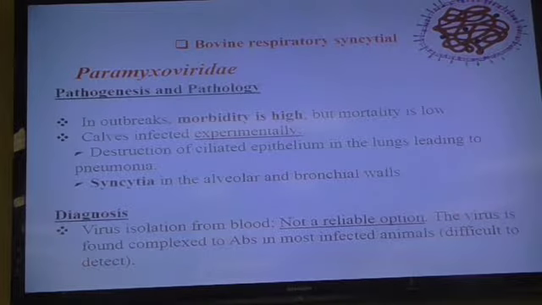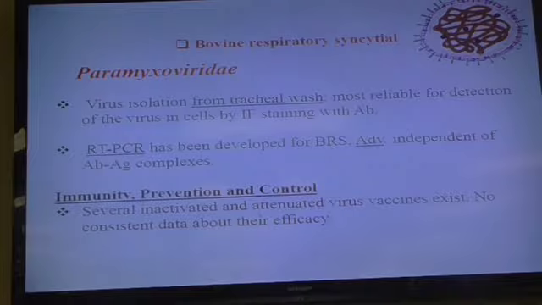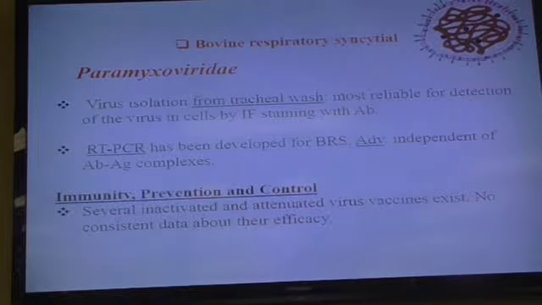However, if you use RT-PCR, you can overcome this issue, so PCR can be used, which is independent of antibody and antigen complexes. There are vaccines available, however, there is no consistent data about their efficacy.